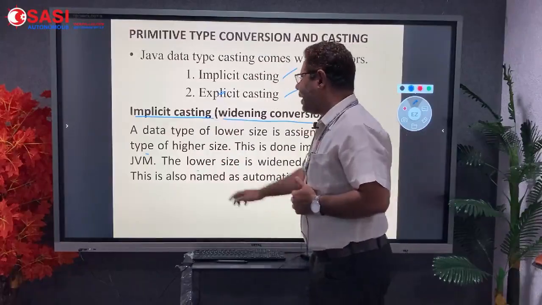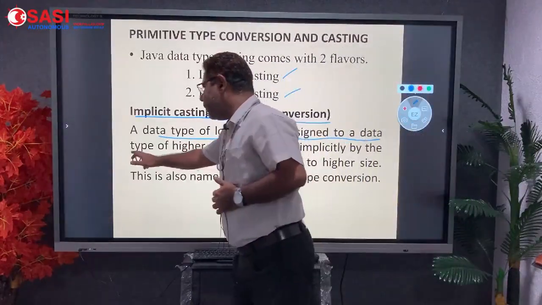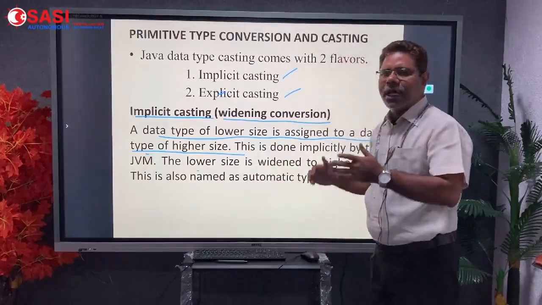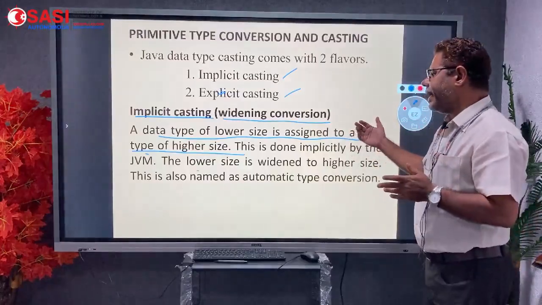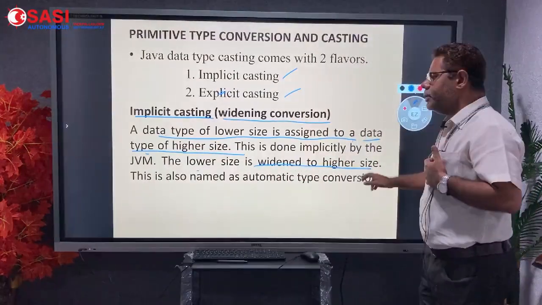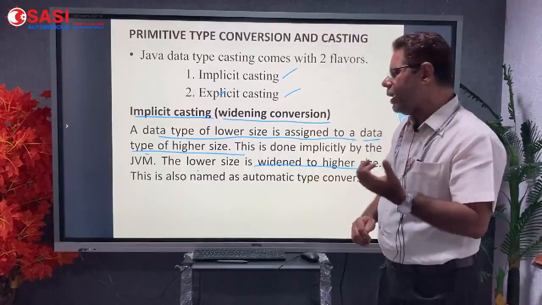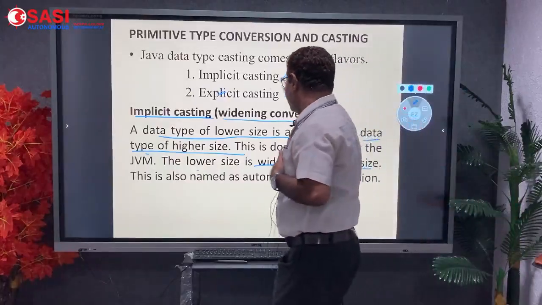That means a data type of lower size is assigned to a data type of higher size. So the lower size is easily converted into the higher size data type. So this is called a widening conversion. This process is automatically done in Java. So we can see a diagram.